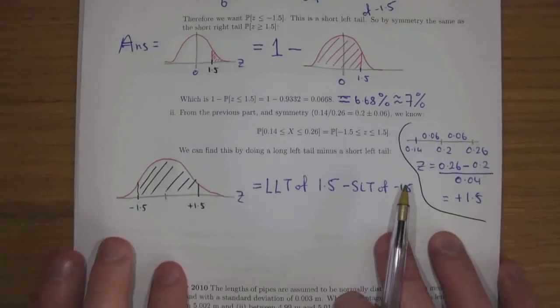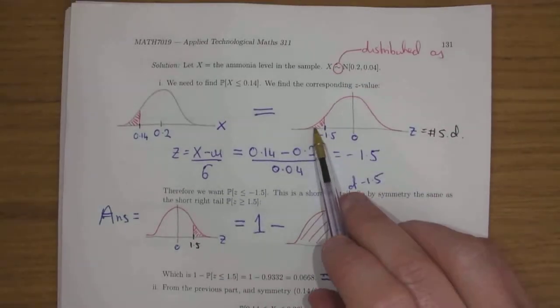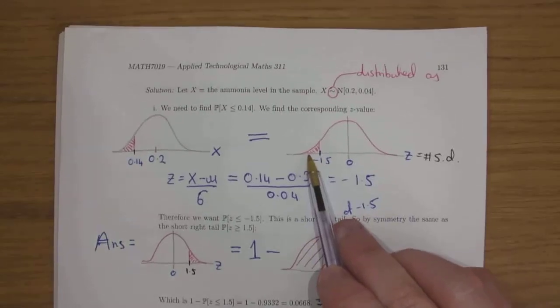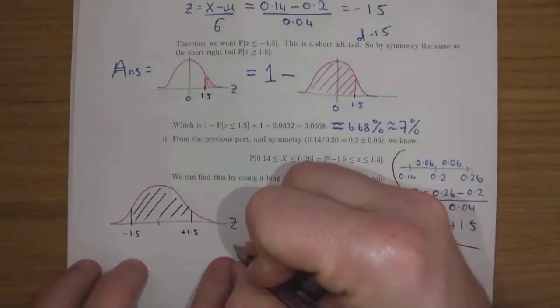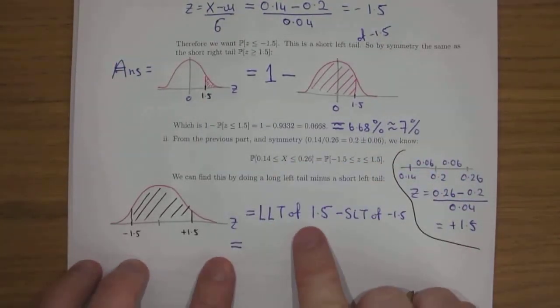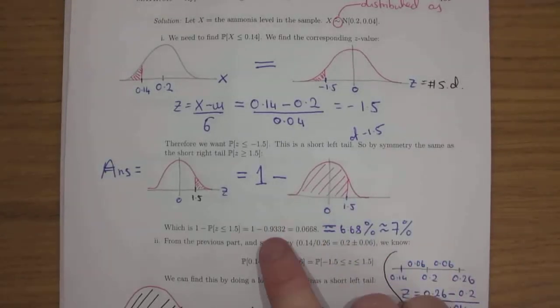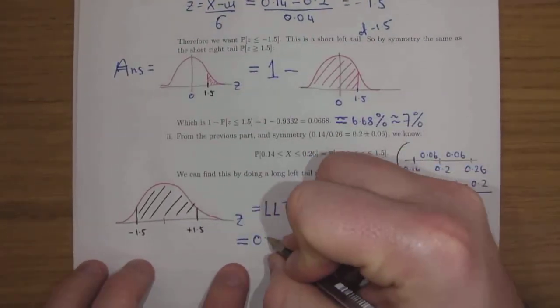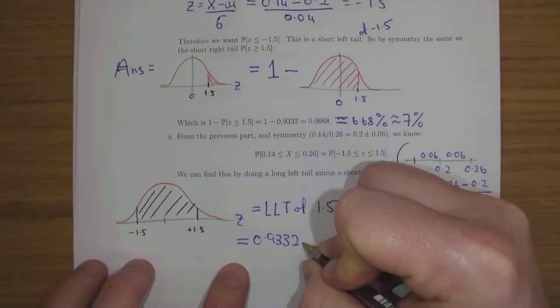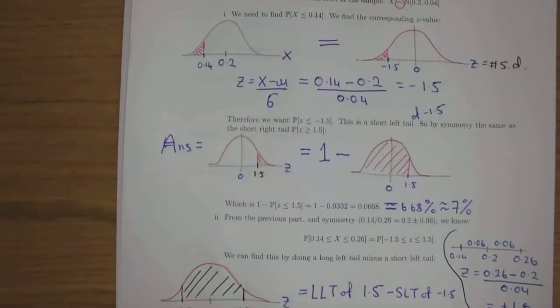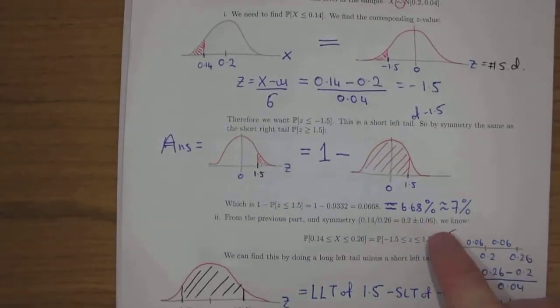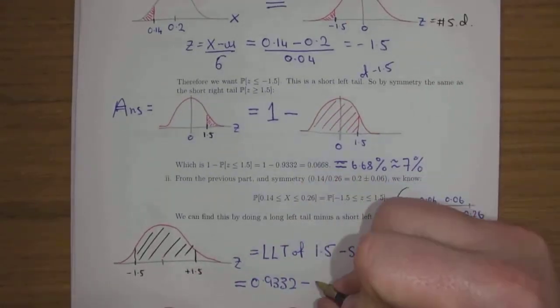Now we've already found the area in the short left tail, because it was the answer to the previous part. And we've already found the long left tail of 1.5 from the tables, it's 0.9332. Take away this little tail here, which we've already found to be 0.0668.